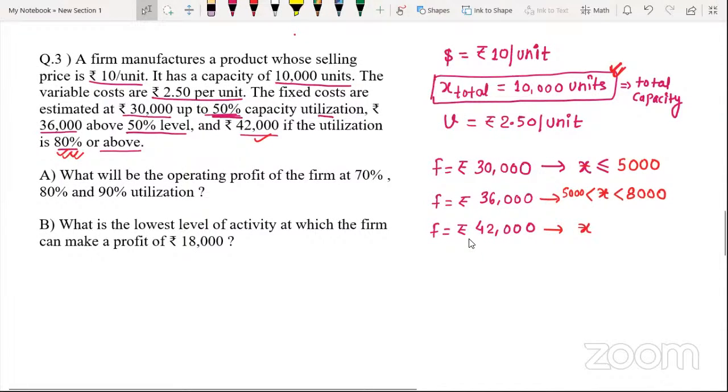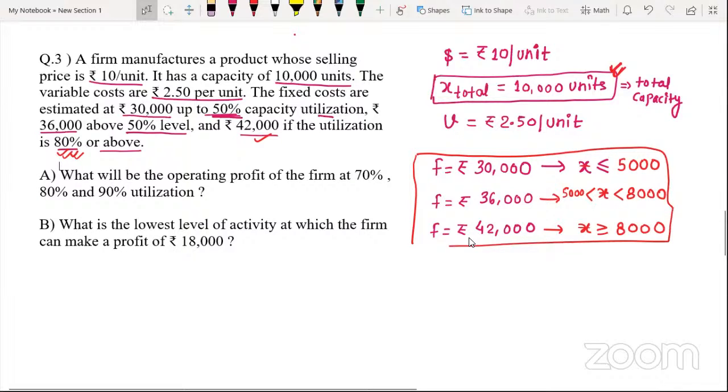So x is greater than or equal to 8,000. Okay, so the fixed cost will be rupees 42,000. So these three data they have given about the fixed cost. You have to use this data, which has been written directly from the question only. Now they are asking what will be the operating profit?